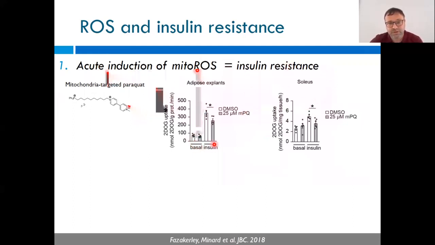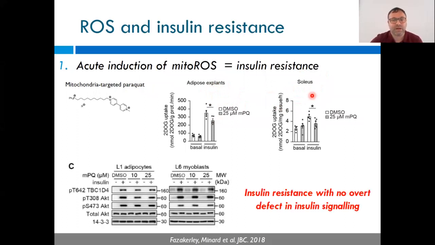What you can see here, if you look at the open bars, is that insulin-sensitive explants respond to insulin, but in the presence of this small molecule that induces mitochondrial superoxide, we see an impairment of the response in both adipose explants and soleus muscle. Now, interestingly, and I'm showing you data from the cell models here that had this same insulin resistance, this occurs without any obvious impairment in insulin signaling.